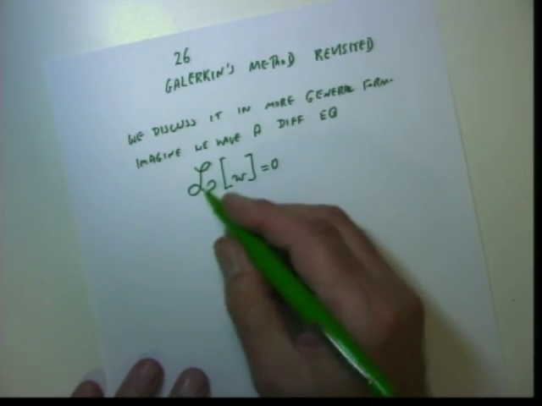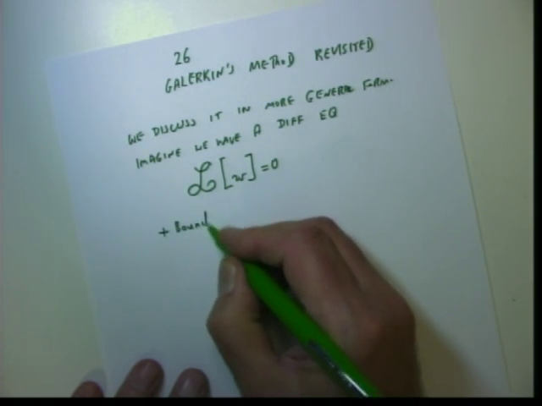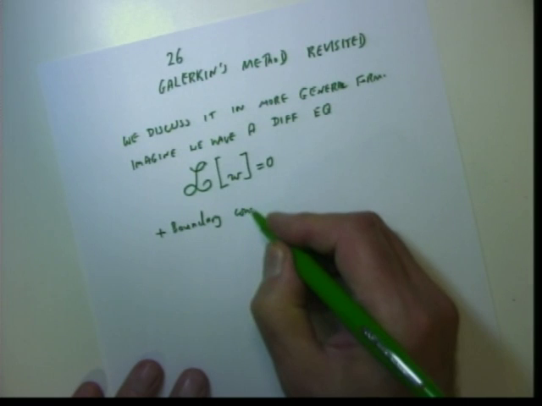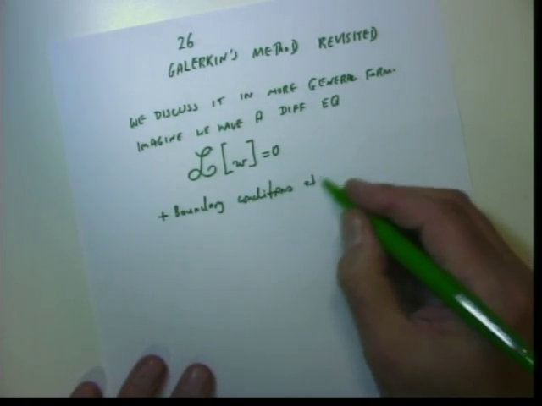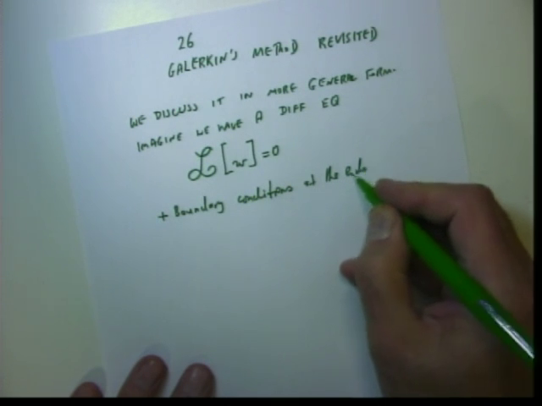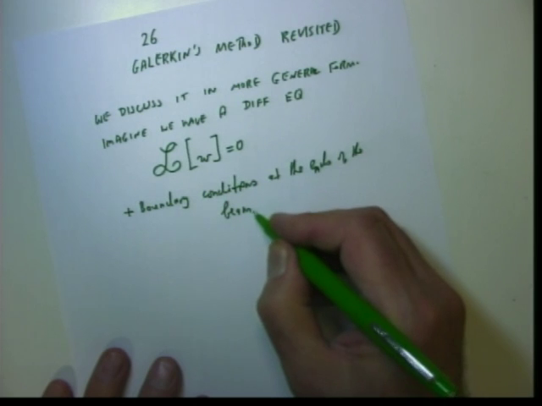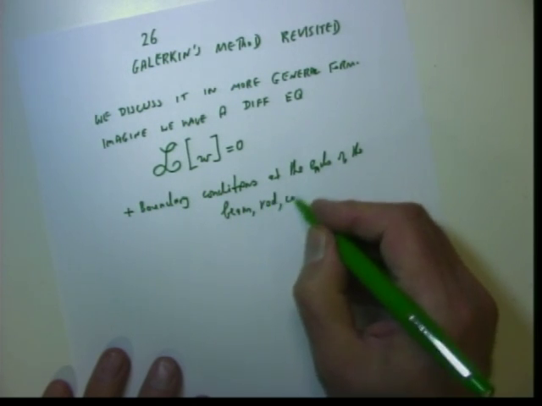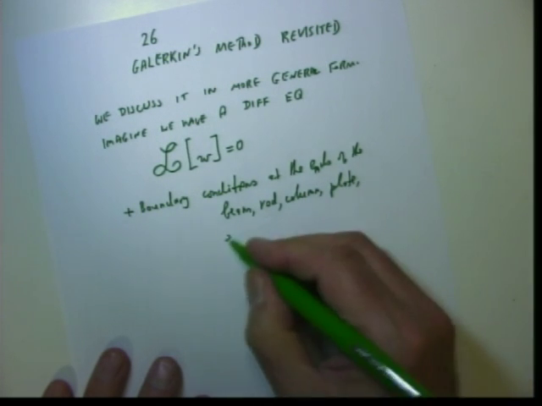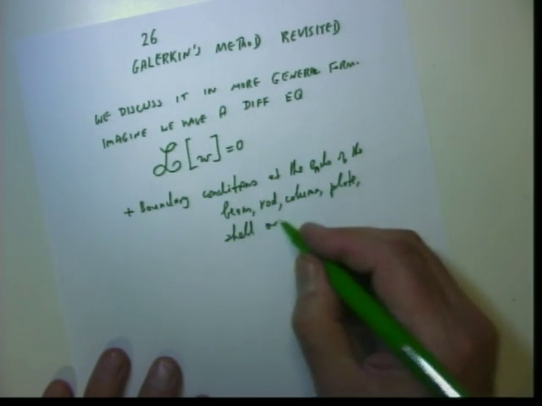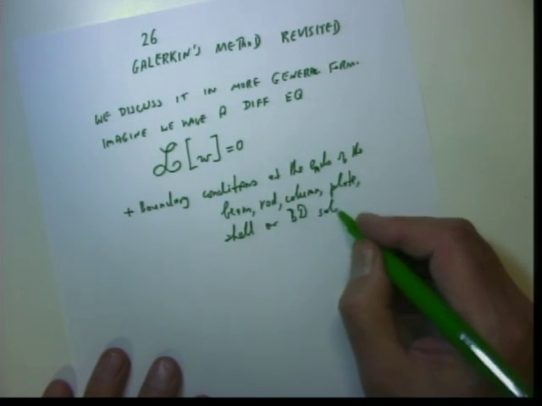So this is derivatives and everything, plus boundary conditions at the ends of the beam or rod or column or plate or shell or three-dimensional solid body.